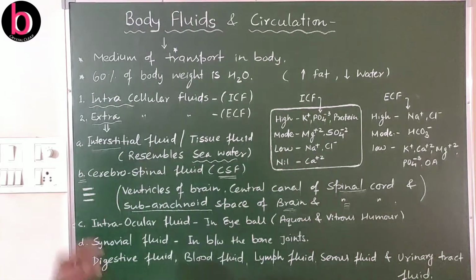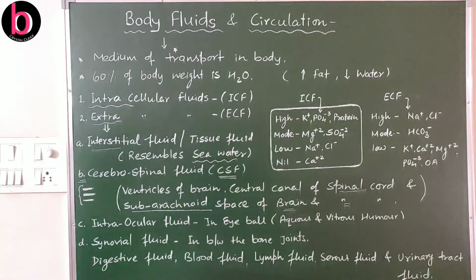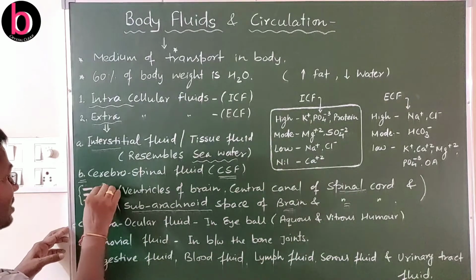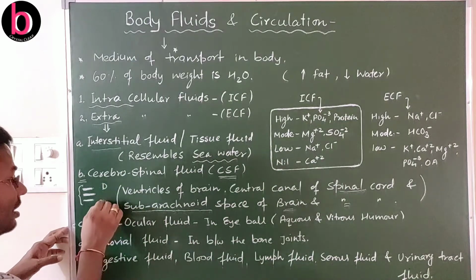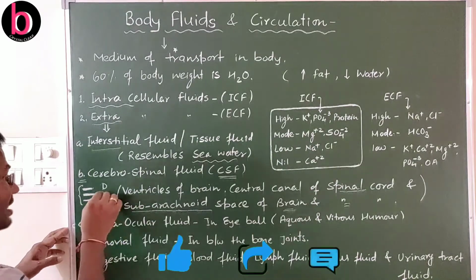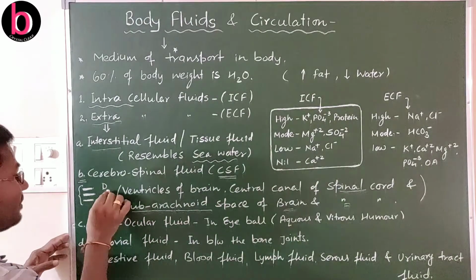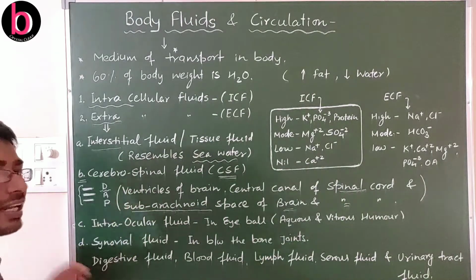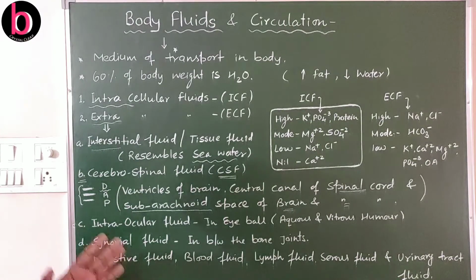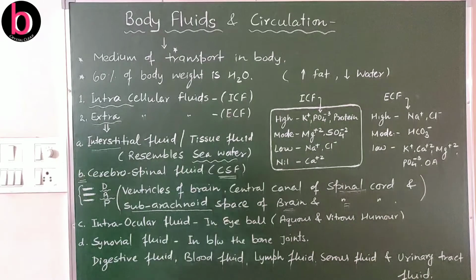These three together are considered as meninges. The outer one is dura mater, the innermost one is pia mater, and the middle one is arachnoid, remembered as DAP. The space between dura mater and arachnoid is known as the subdural space, while the space between arachnoid and pia mater is known as the subarachnoid space.